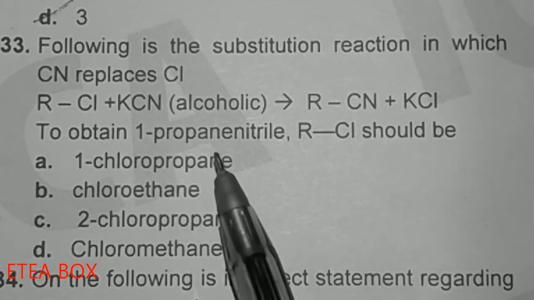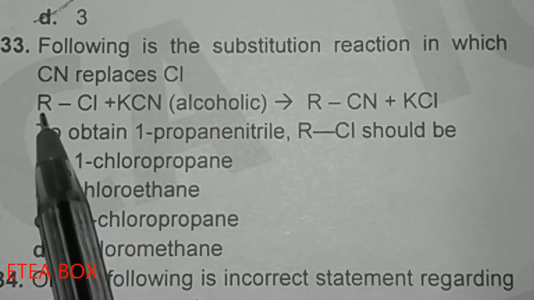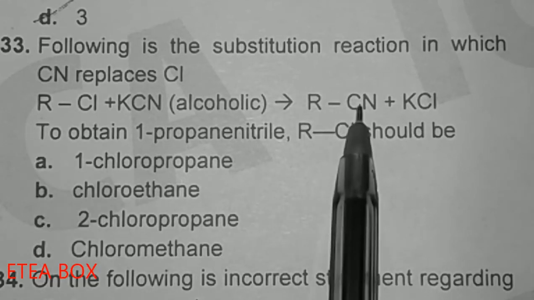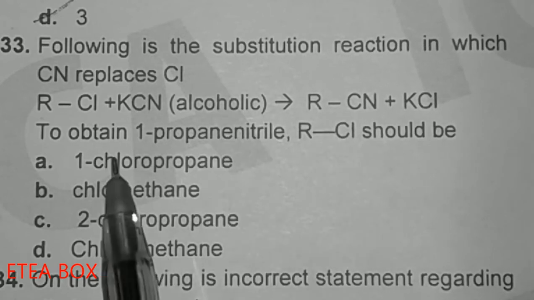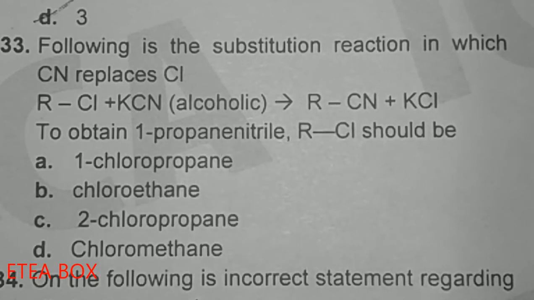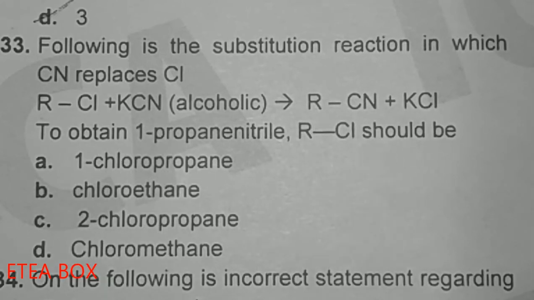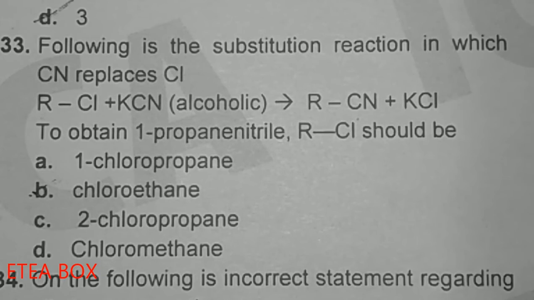To obtain 1-propane nitrile, RCl should be... RCl should be chloroethane, because R has 2 carbon atoms, and when this other carbon is combined, it gives a 3-carbon compound, and we can get 1-propane nitrile. So when chloroethane reacts with KCN, it will give 1-propane nitrile. So option B is correct here. You have to count the carbon of the nitrile also.